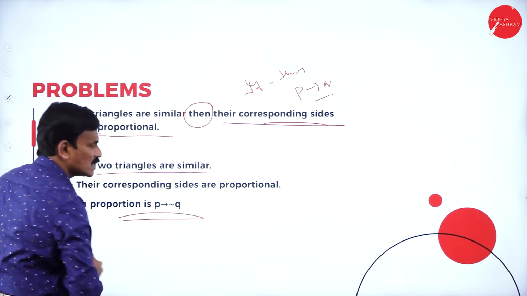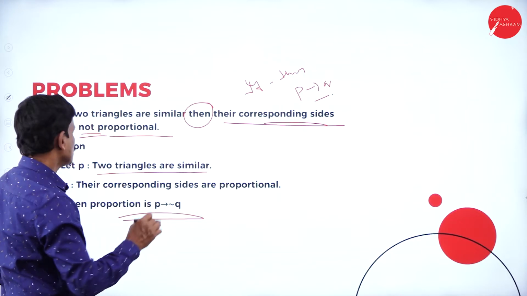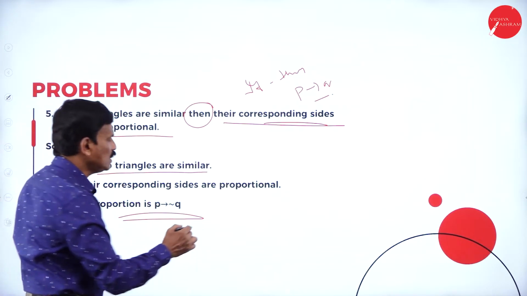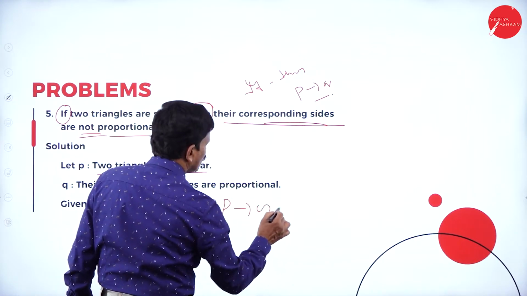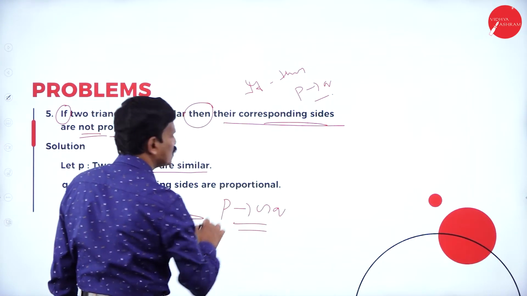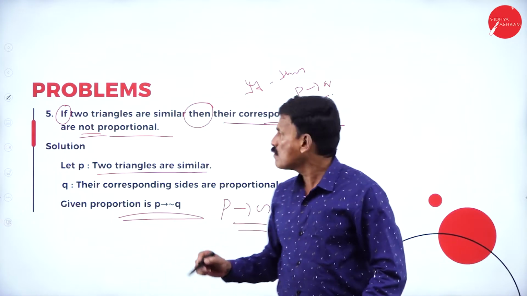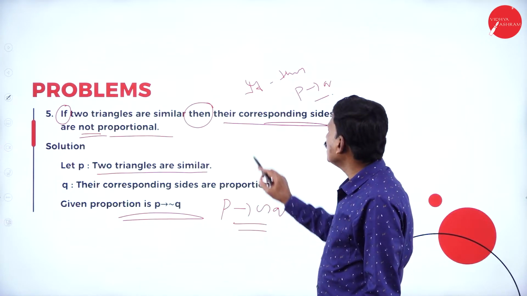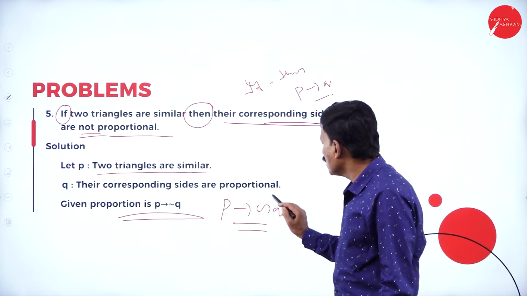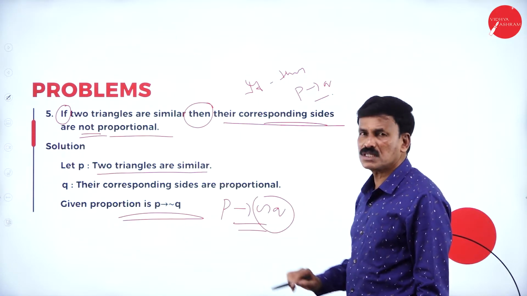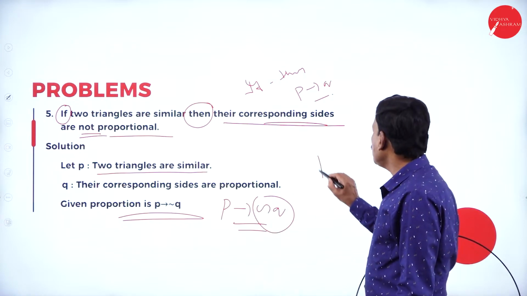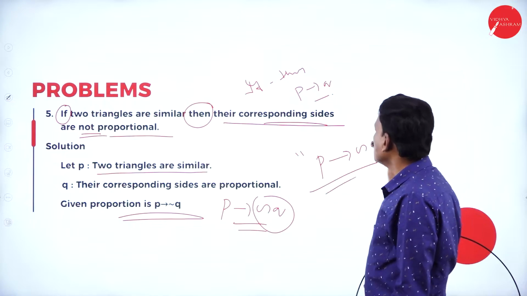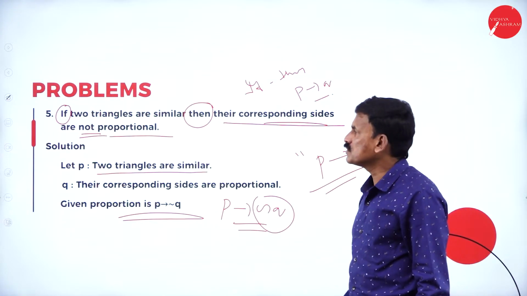Therefore, the symbolic representation for the given compound proposition is P conditional to negation of Q. Negation means not. So if two triangles are similar, then their corresponding sides are not proportional is P conditional to negation of Q. Very simple.